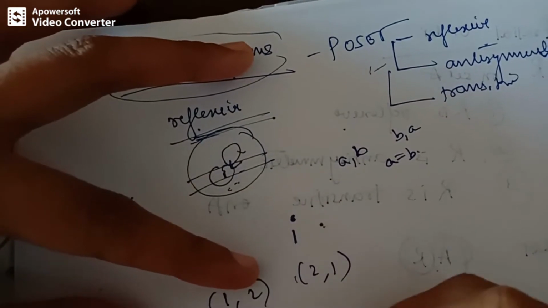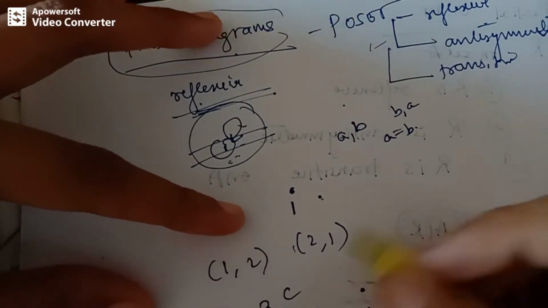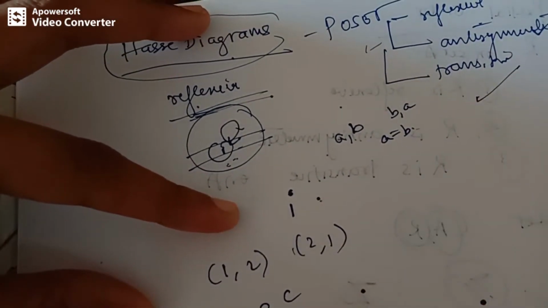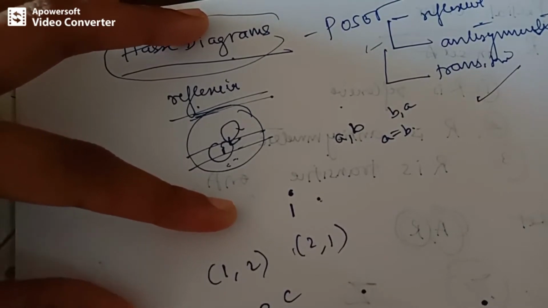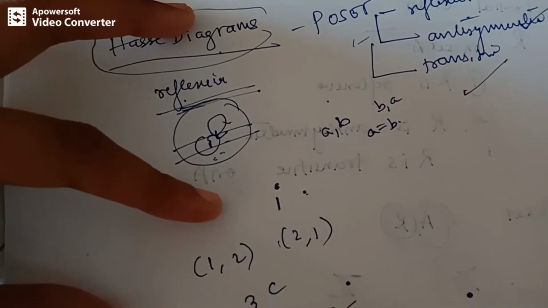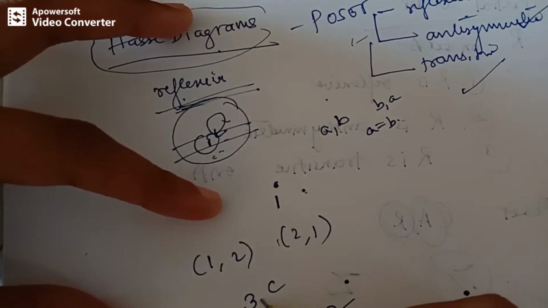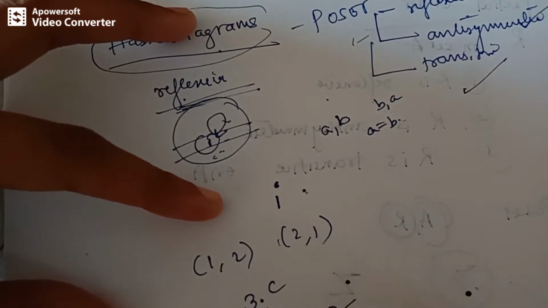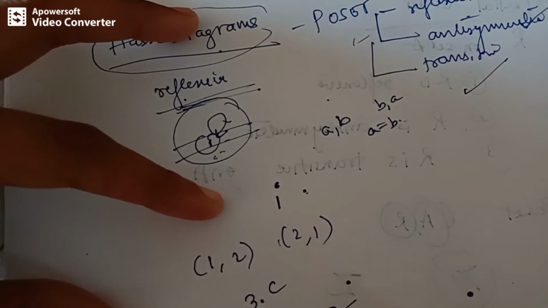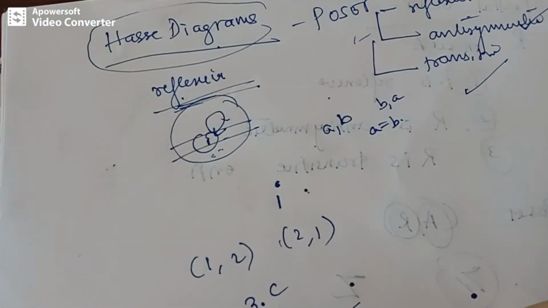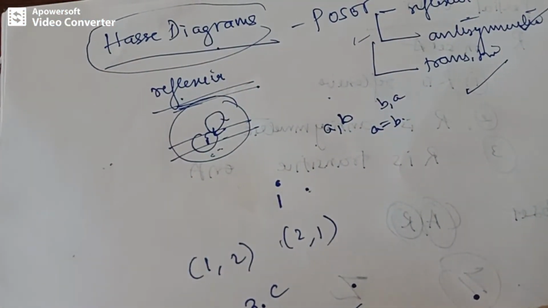But we do not represent this edge. It is automatically understood; that is, the transitive property is implicit. We are not drawing this in our Hasse diagram. And we are not representing any arrows. It is implicit.